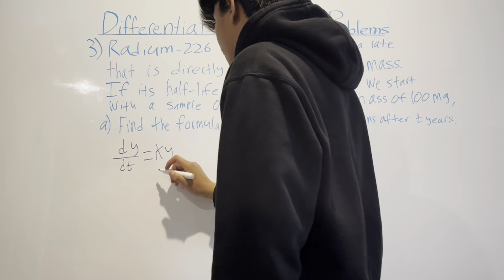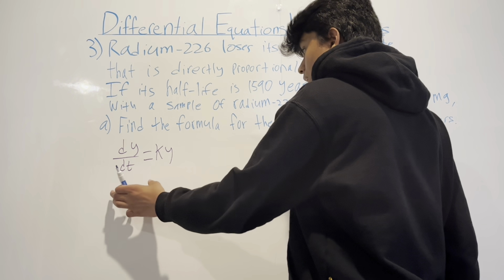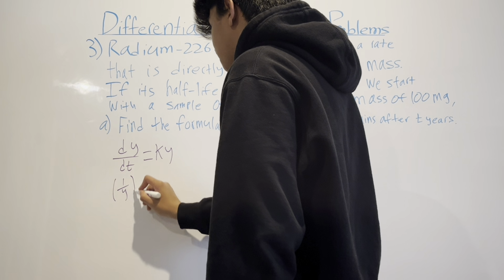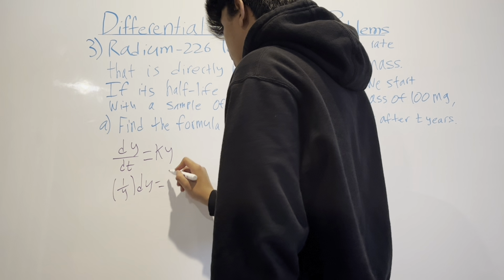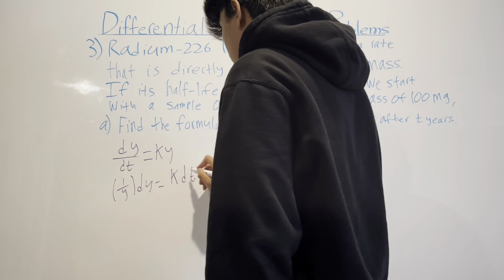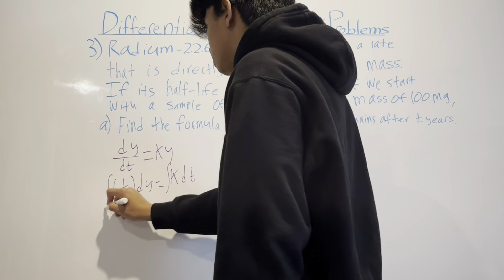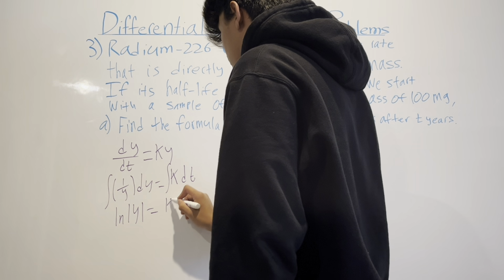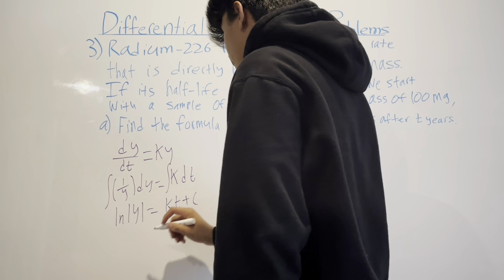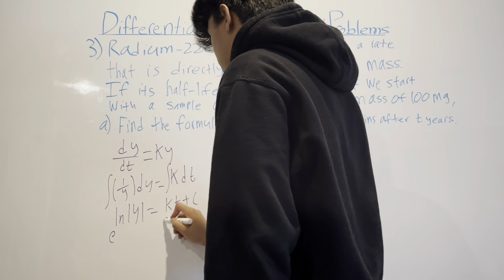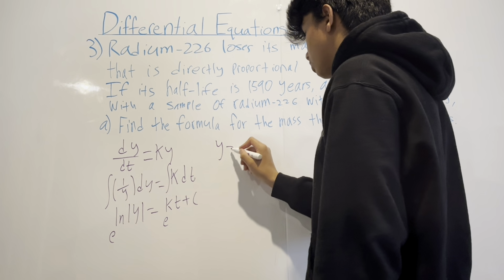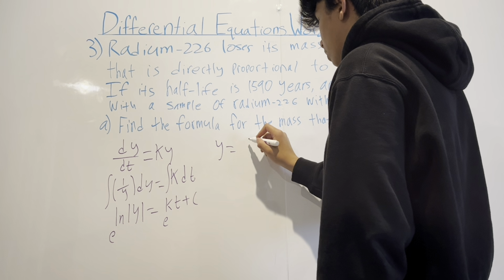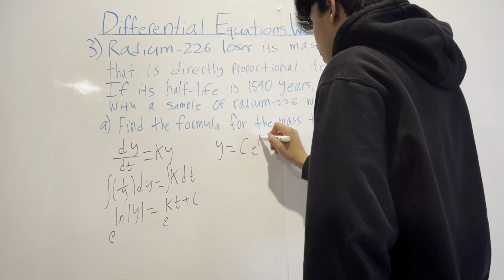So what we have to do here is divide both sides by y. So we get 1 over y dy is equal to k dt. Take the integral of both sides. ln y equals kt plus c. And we exponentiate both sides, so we get y equals c e to the kt.